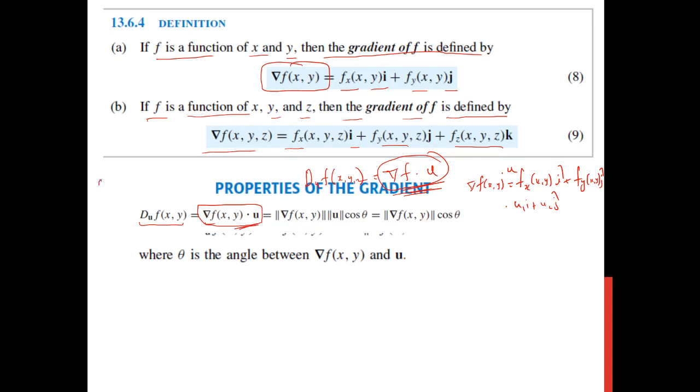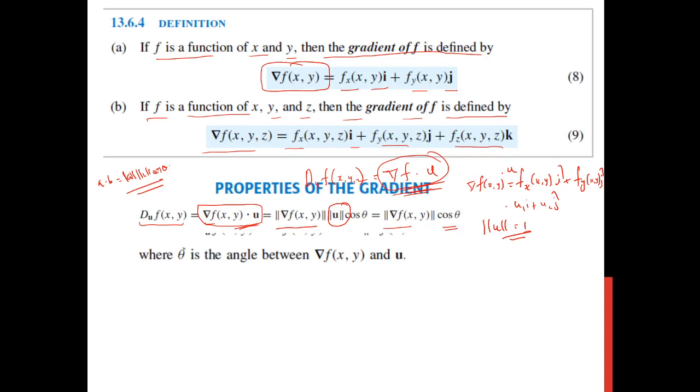We know that a dot b equals |a||b| cos theta. So this is |del f(x, y)| |u| cos theta, which equals |del f(x, y)| cos theta, because the norm of u is 1, as u is always a unit vector. Therefore Du f(x, y) is the norm of del f(x, y) times cos theta.